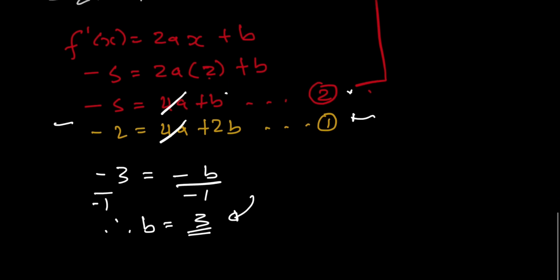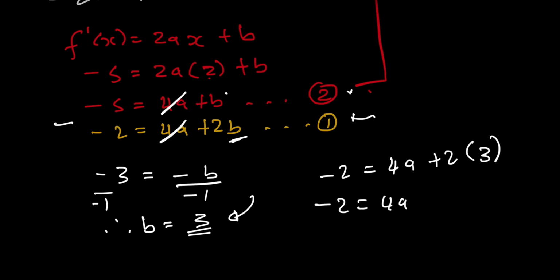So let's use now equation number 2. We're going to say now we have minus 2 equals 4a plus 2b. But now when we see b, we are going to put 3. And therefore this is going to simplify to be minus 2 equals 4a plus 6, since 2 multiplied by 3 gives us 6. Then if you move this to the other side, that's going to be minus 2 minus 6 equals 4a.